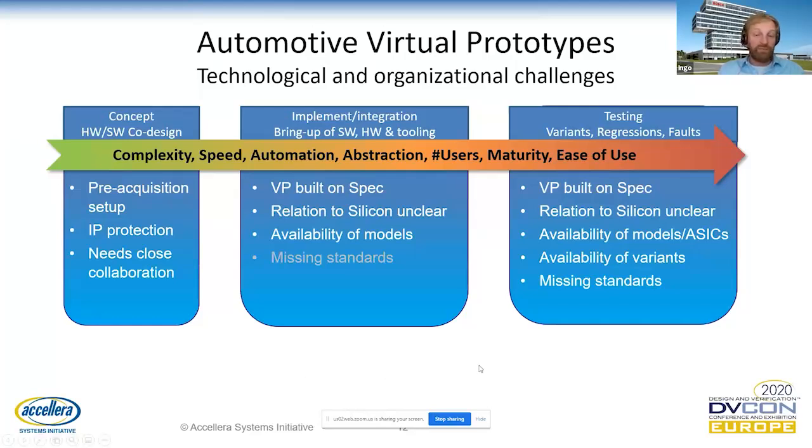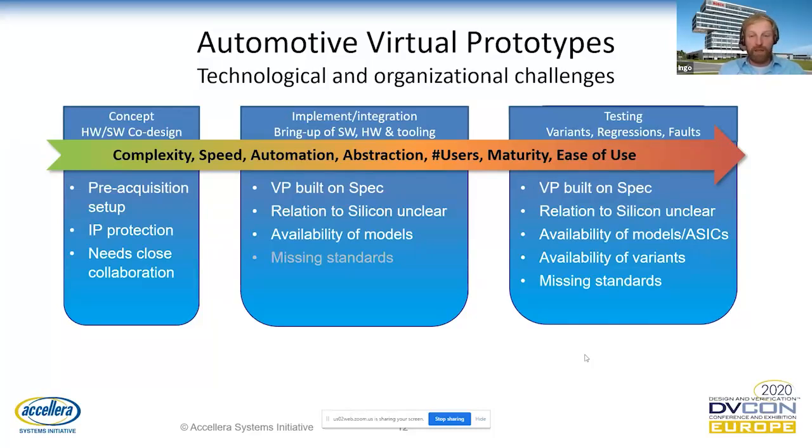Then availability of models is a key aspect in these phases, because the software people normally reuse the whole software stack. So you do not want to have special setups for each and every VP. You just want to deploy a regression as it is today for the whole software stack.